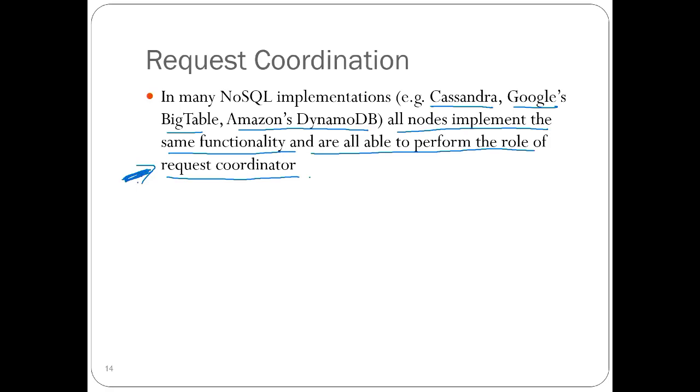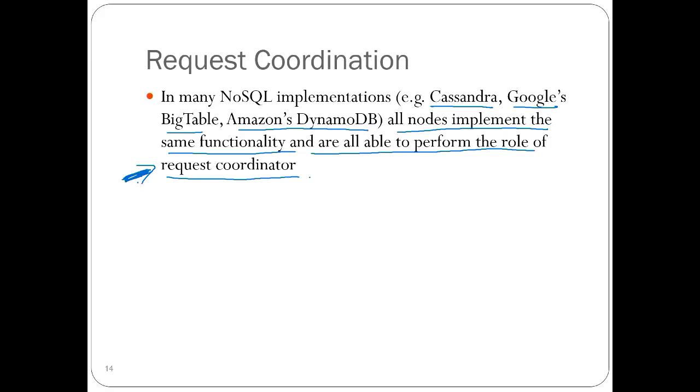In other words, in these systems, we don't have one node or one server that would take the responsibility of request coordination, right? Every node in the system is capable of working as a request coordinator. And yeah, there's no single node or server that would work as a request coordinator.